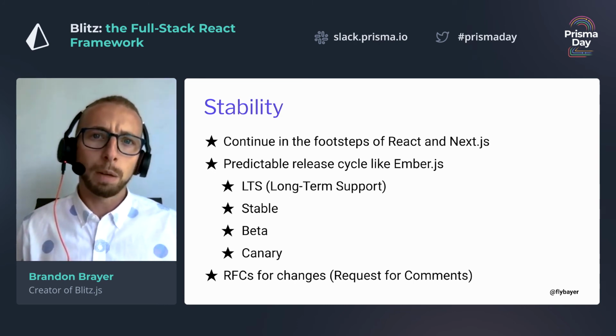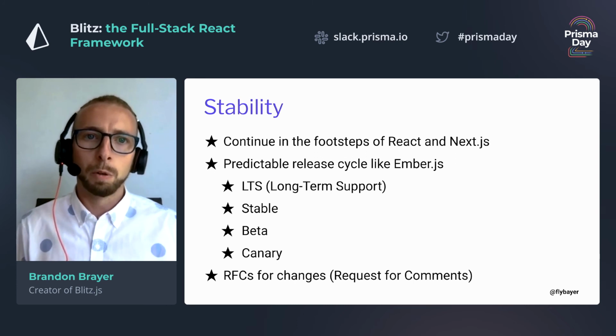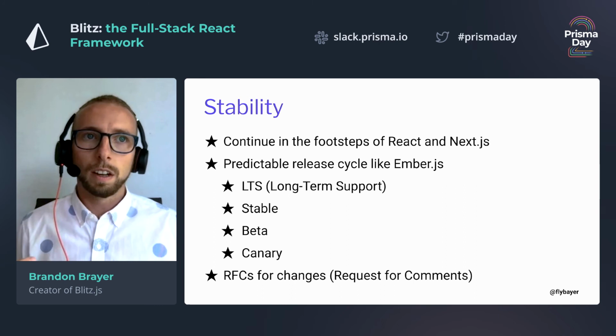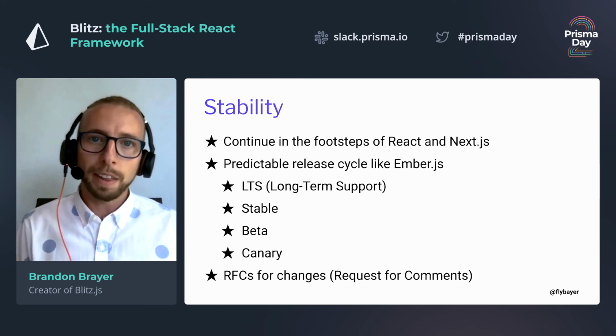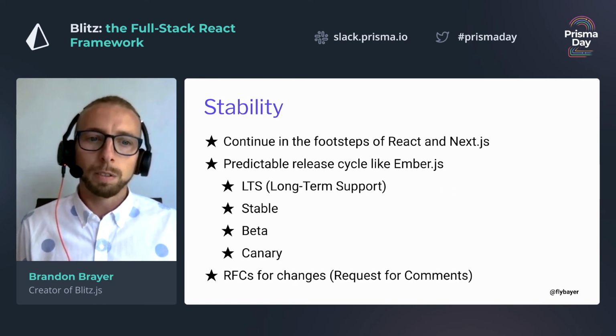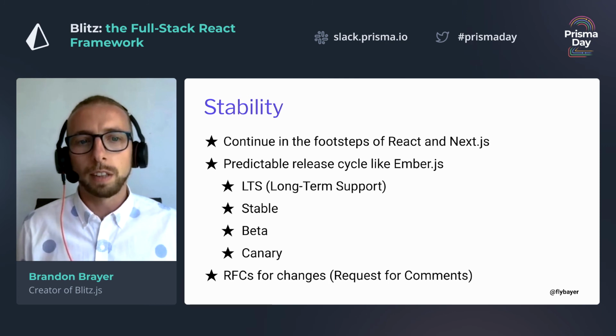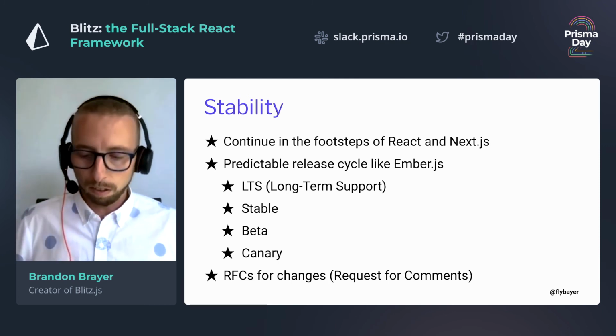And this is really great because it gives the community time to review this, to comment, and make sure that whatever need they have is met by that. It makes for a healthy community, really, and a framework that meets everybody's needs.